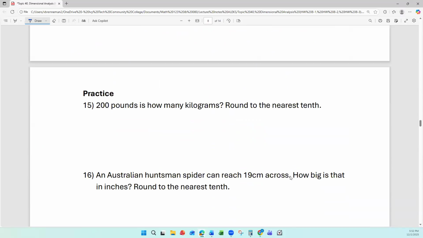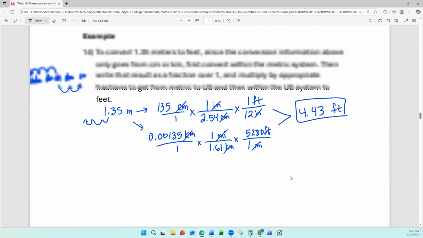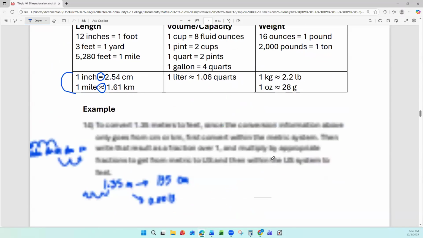Number 15, 200 pounds is how many kilograms? So we have 1 kilogram, right? 1 kilogram equals 2.2 pounds.